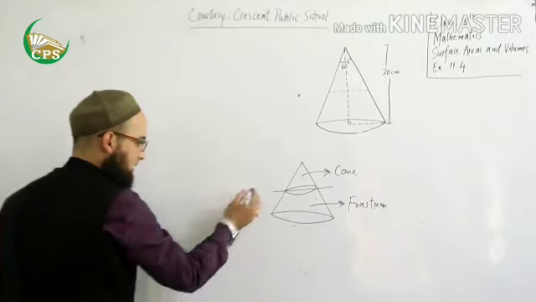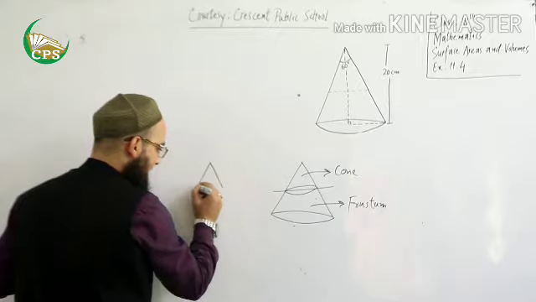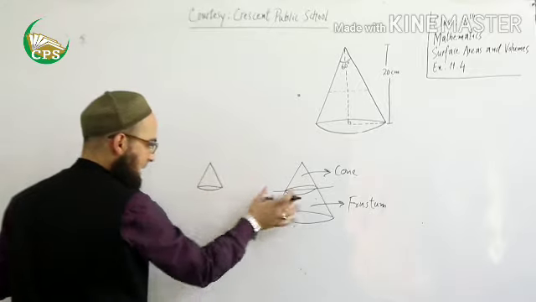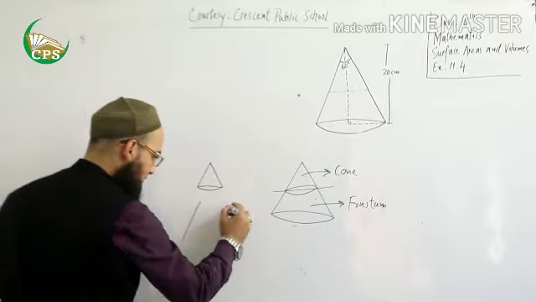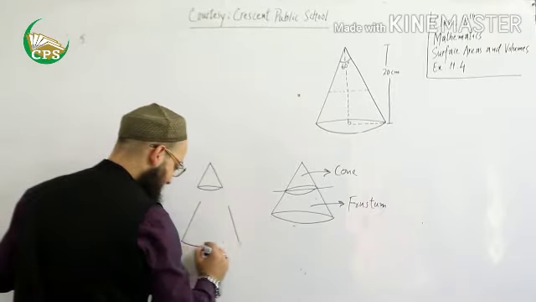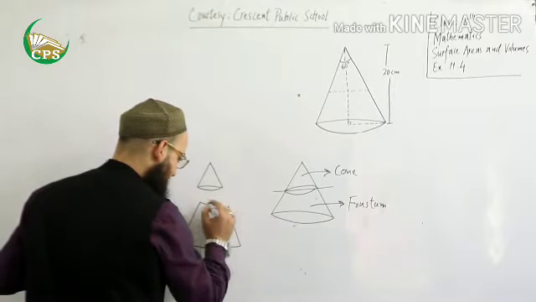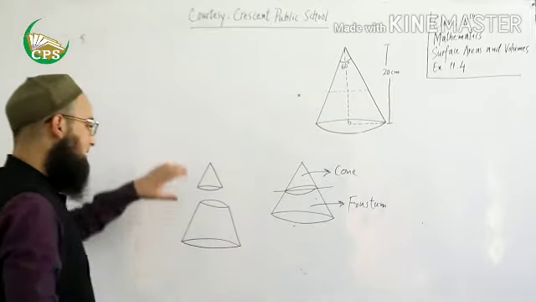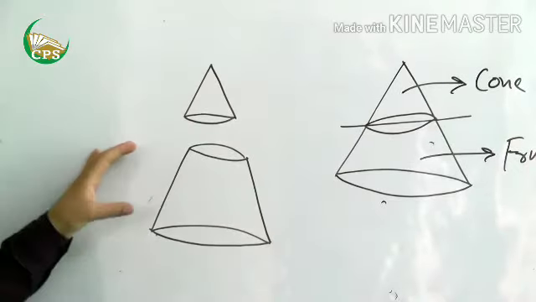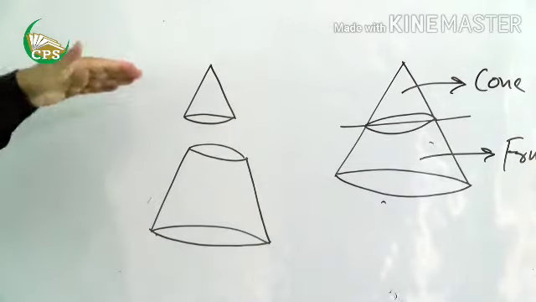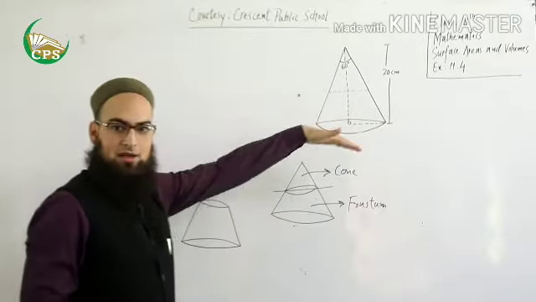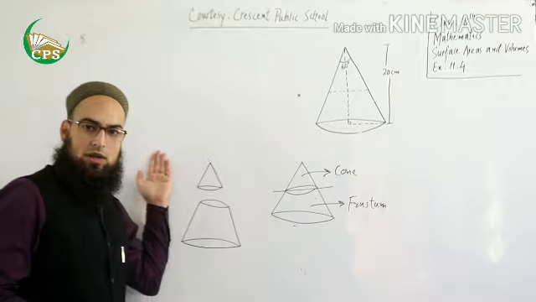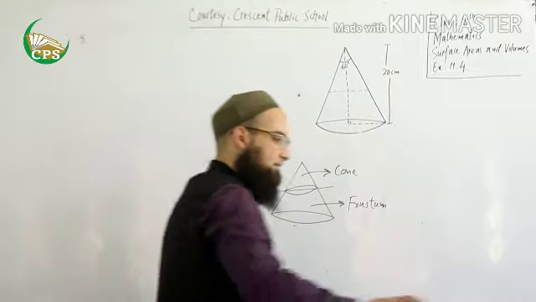You see, the first part would be like this and the lower part would be like this. So one part is a cone and one part is a frustum of a cone. Whenever the cut is made in the cone, you'll get one cone and a frustum.